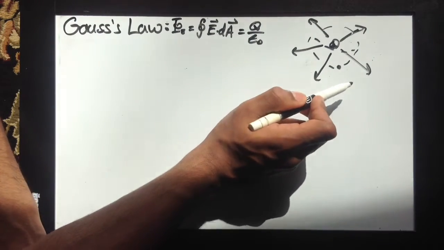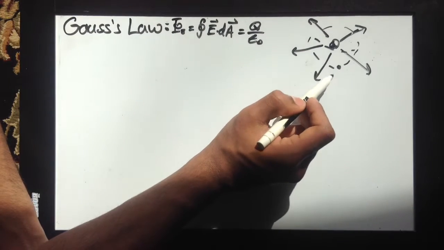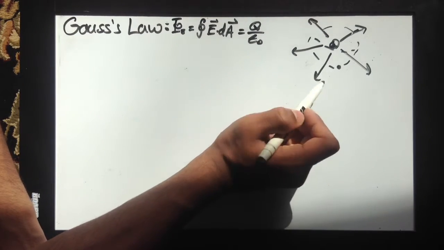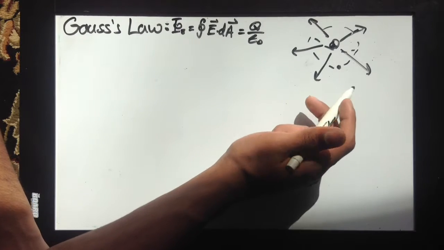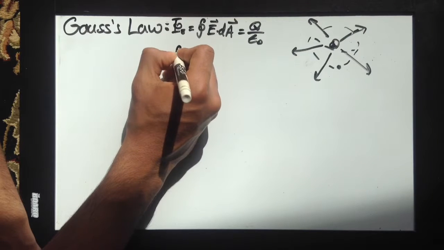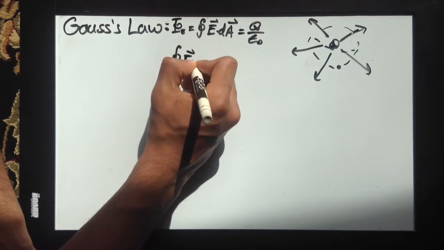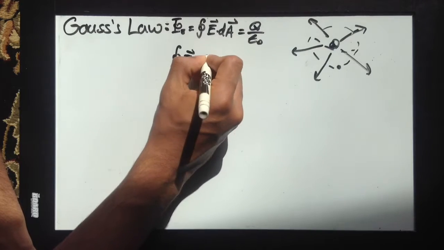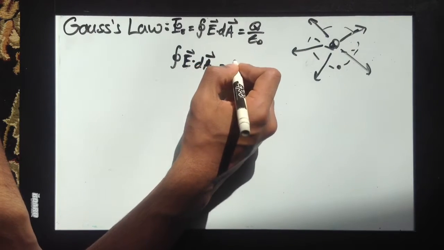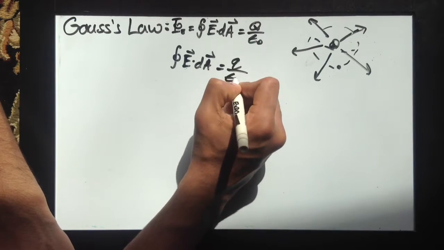And with that information, we can find our equation for the E-field at one point. And so here, if we integrate E dot dA equals the total charge, which is a positive Q, over epsilon naught.